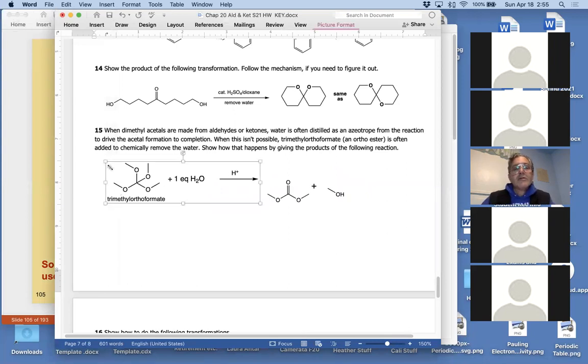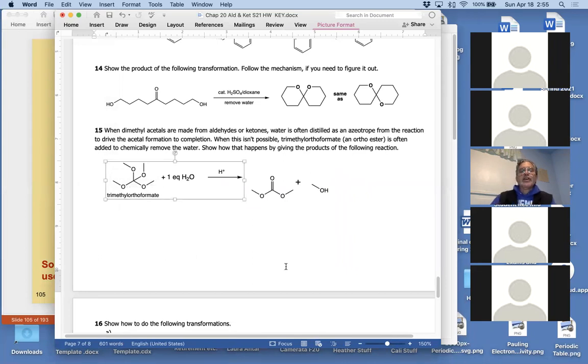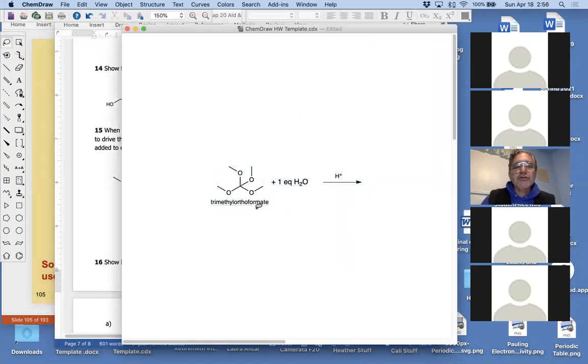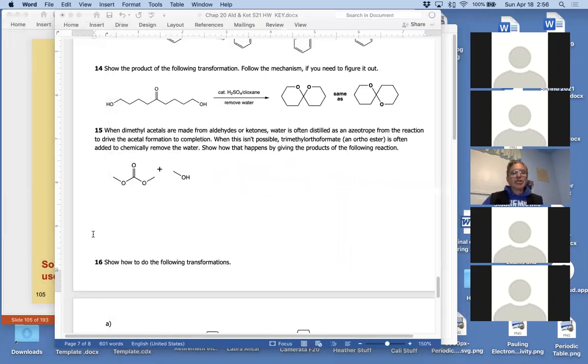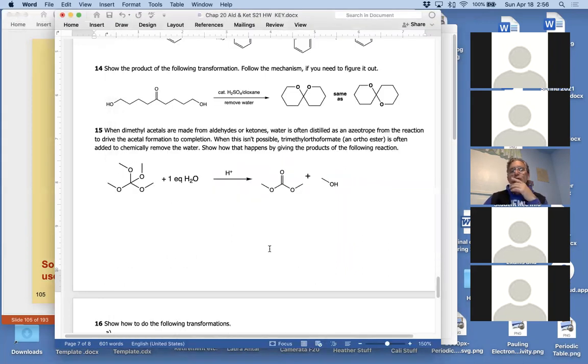There, I fixed it on the key. This is one way I could have asked it, but that trimethyl orthoformate is not what that is. So when I change it, I'm probably going to change it to this, because that would give this product. But yeah, how should we think about the limitations of one equivalent of water? Does that limit the number of steps that we can do with water?